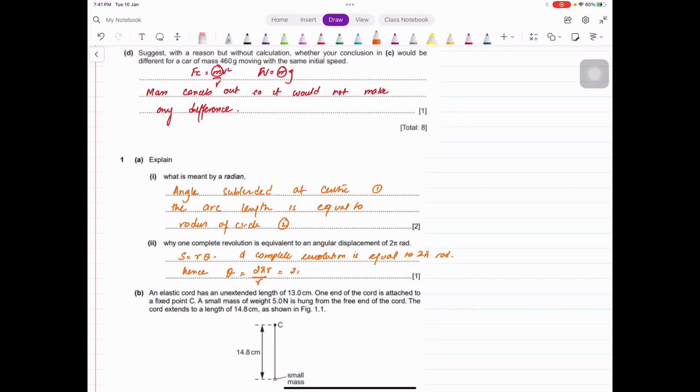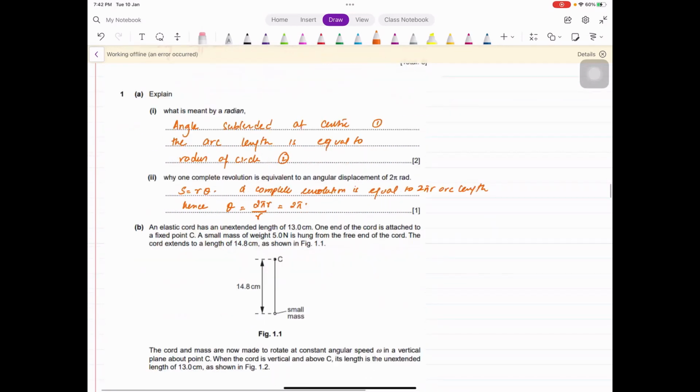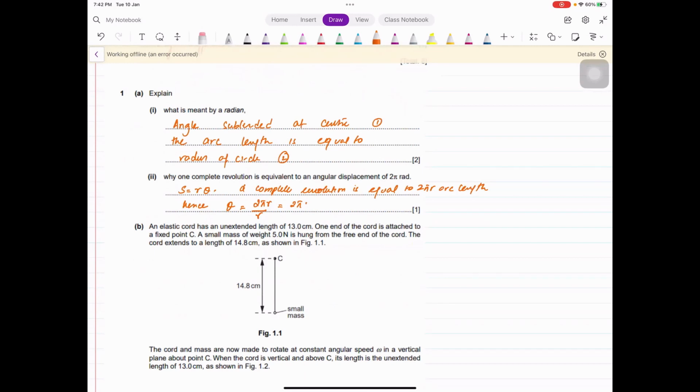So this is going to be equal to 2 pi. Do you guys understand this? We can say one complete revolution is 2 pi r arc length. All right, this is pretty easy. You can just write it down.